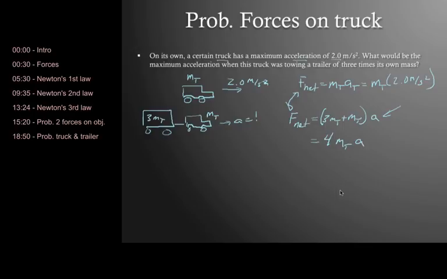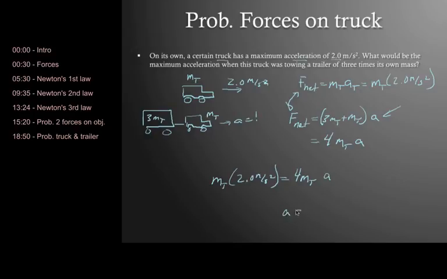MT A. So since the truck's engine isn't changing, these net forces have to be the same. So I know that MT times that 2 meters per second squared has to be equal to the 4 MT. So that's the total mass trailer system times the acceleration of that whole system.